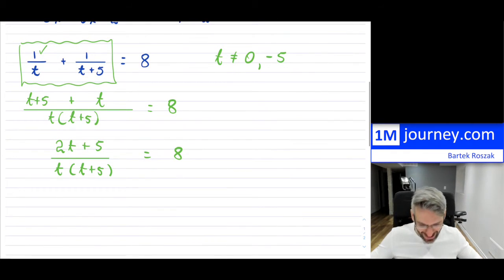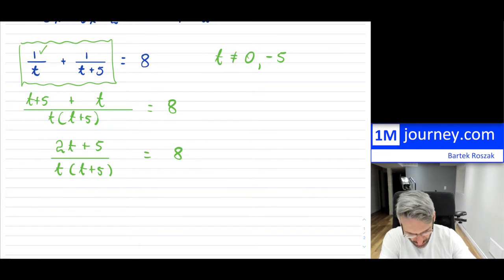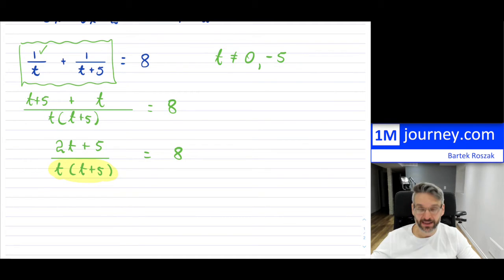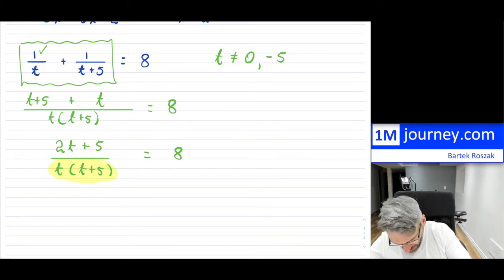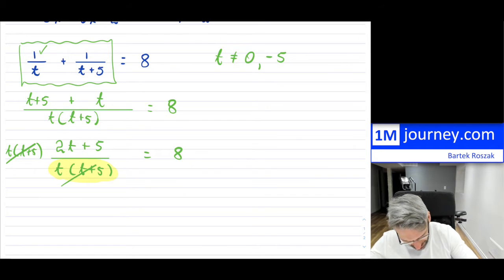Now, I don't want to have a denominator whenever I am solving equations. Whenever you have your unknown in the denominator, I want to get rid of it. So I'm going to multiply both sides by t times t plus 5. If I do that, this whole thing cancels on this side, but of course I have to also multiply on the opposite side.